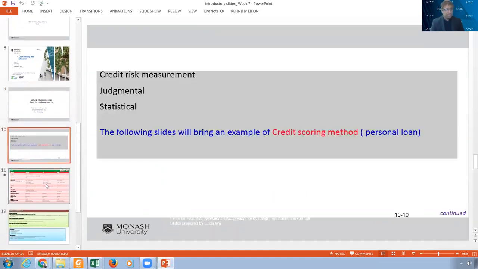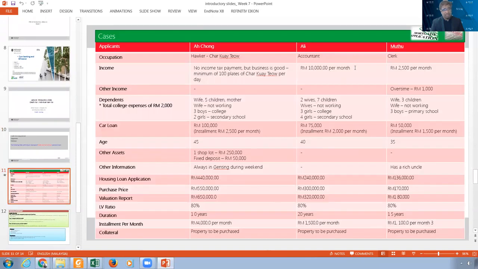And let me tell you something about the judgmental and what we call quantitative models. Credit scoring belongs to the quantitative models, when we make it and deal with it quantitatively. Now, this is when we used to do it manually, in the subjective way, which means the qualitative way.